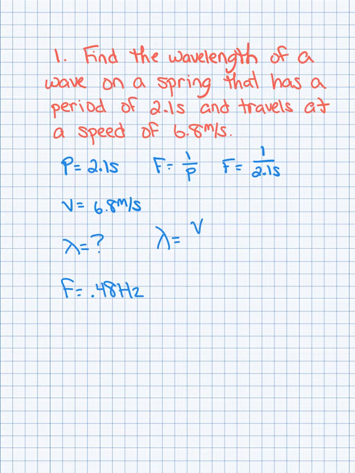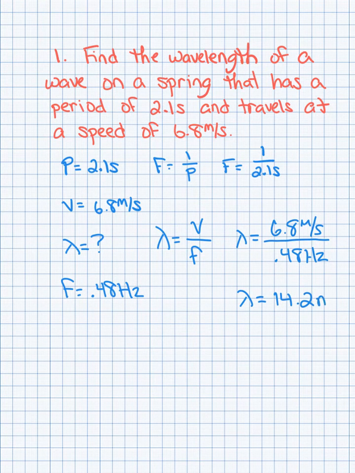Wavelength is going to be equal to speed divided by frequency. Wavelength is going to equal 6.8 meters per second divided by 0.48 hertz. And overall, my wavelength is going to be 14.2, and the unit on wavelength is meters.